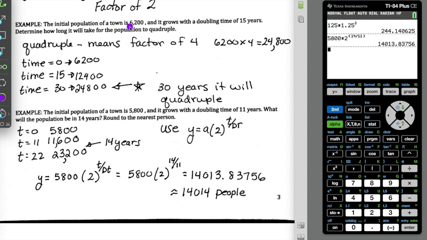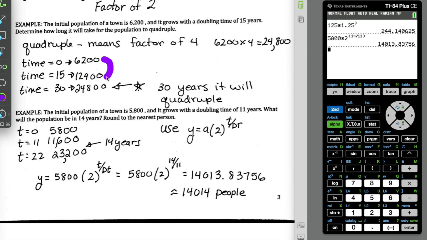So if it starts at 6,200, we want to see how long it takes to get to 6,200 times 4, which is 24,800. So if I start at time 0, I have 6,200. That's my initial value. Now, if I go from 0 to 15 years, that means it's doubled. So I go from 6,200 to 12,400.